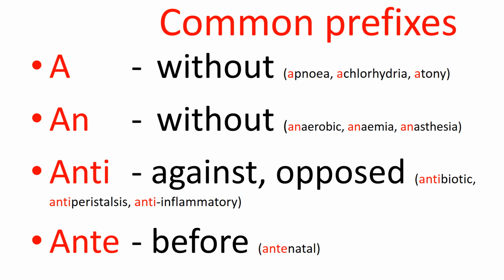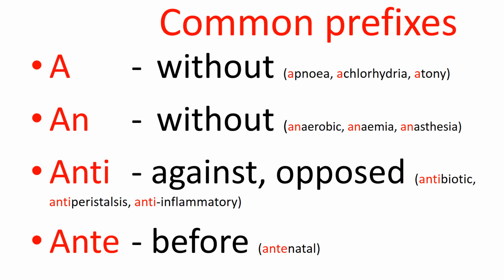Or we may have anaerobic organisms in a wound, causing wound infection. Anaerobic organisms being organisms which thrive in an oxygen-depleted atmosphere. Or anemic. Now, emic, A-E-M-I-C, is to do with the blood.